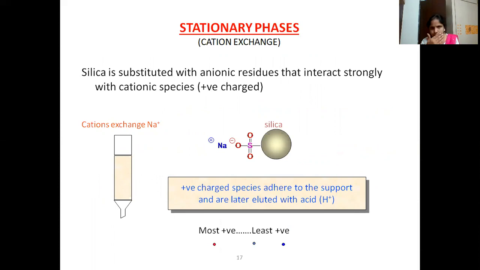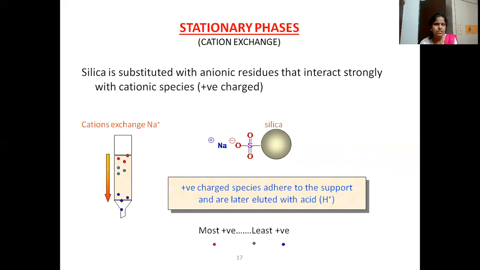And that particular counter ion, that is the cation, will be exchanged with that of the cations which are present in the sample. So even in this case, you can see an example there, the silica, which is having Na+, that is sodium ion. Sodium ion is the counter ion. Okay, so that sodium ion will be exchanged with the ions, cations which are present in the sample.